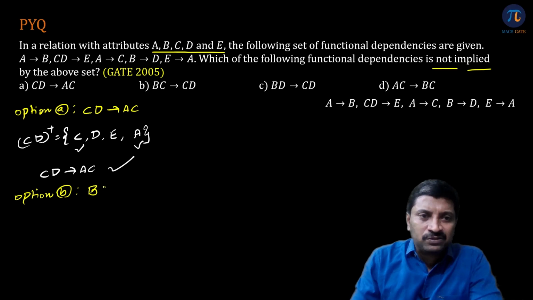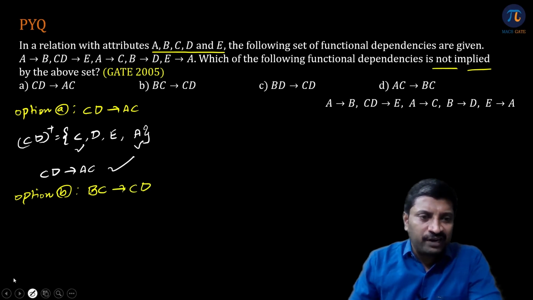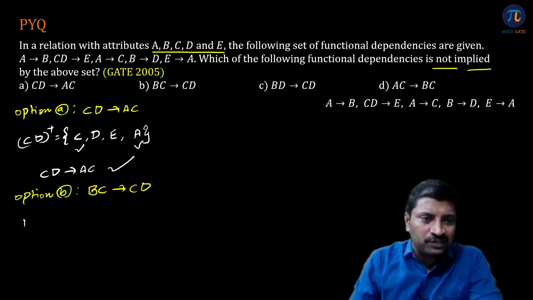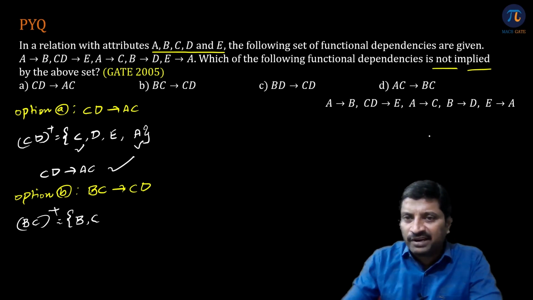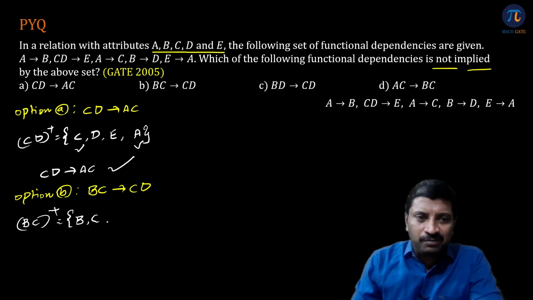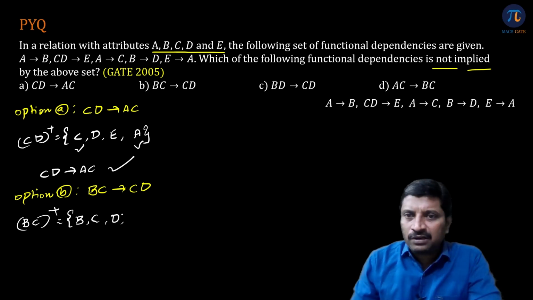Option B is BC implies CD. So what we need to find? We need to find the closure of BC. BC closure, sir. So it contains B, C. Now with B, C, what can we find? With B, I can find D. Then anything else, sir?